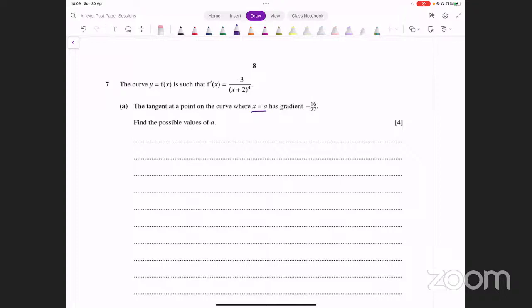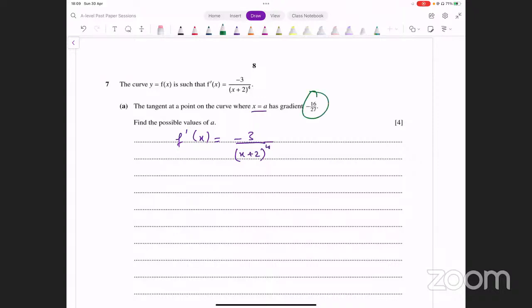अब देखें, इसका मतलब ये है हमें डेरिवेटिव गिवन है, f dash of x is equal to (-3 over x plus 2) whole raised to power 4। ठीक है, ये हमारे पास डेरिवेटिव है। टेंजेंट का ग्रेडियंट क्या होता है? जो उस कर्व का ग्रेडियंट होता है उस पॉइंट के ऊपर। तो इस कर्व का ग्रेडियंट क्या होगा इस पॉइंट के ऊपर?